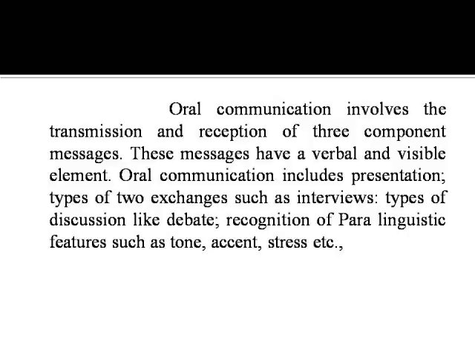This message has a verbal and a visible element. Oral communication includes presentation types of exchange such as interviews, types of discussion like debate, and recognition of paralinguistic features such as tone, accent, stress, etc.